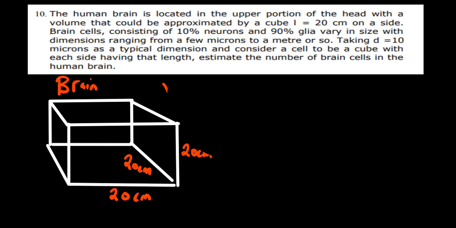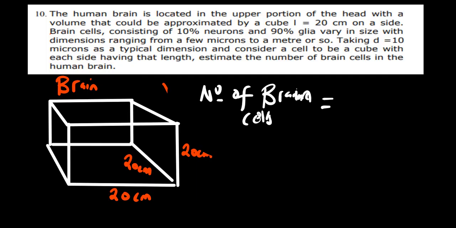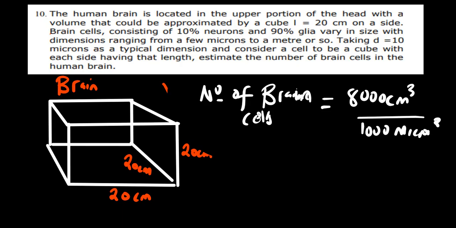So now the number of brain cells is equal to the volume of the human brain, which we've already found, 8,000 centimeters cubed, divided by the volume of a typical brain cell, which we've also found to be 1000 microns cubed.